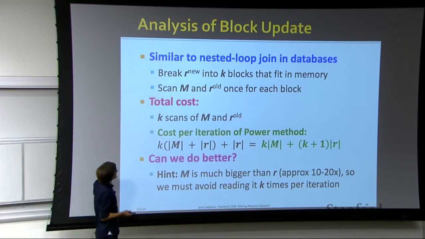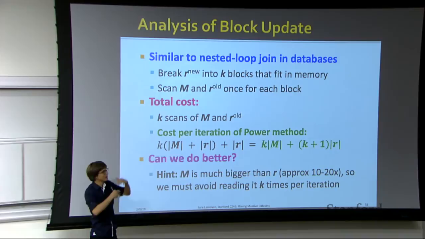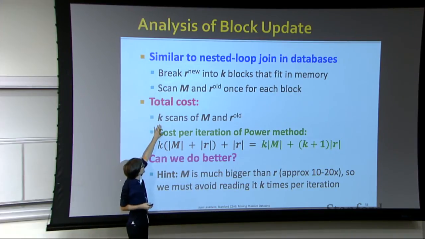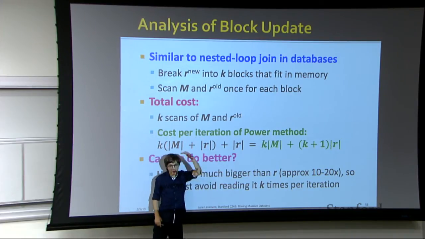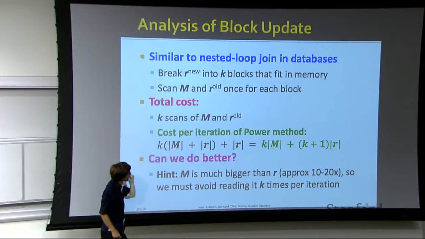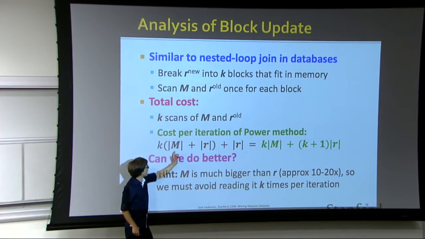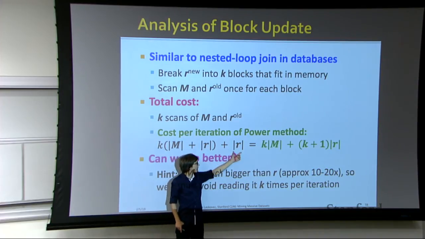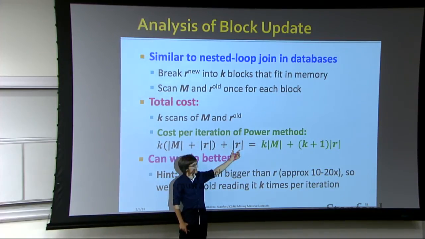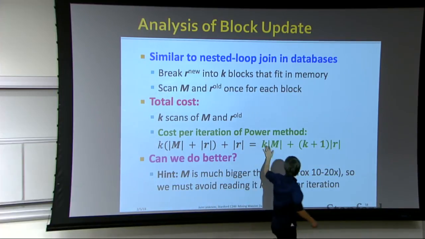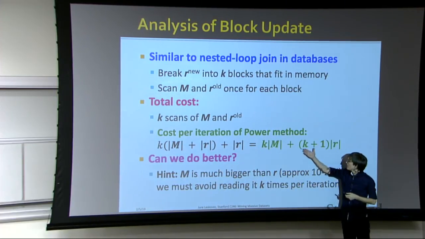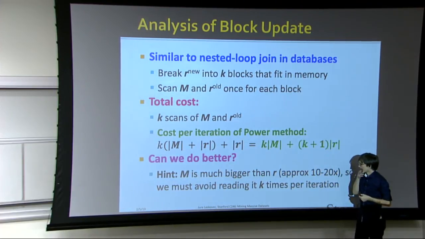If I take R new and break it into k blocks, then I need to scan over R and M k times, right? So my cost would be k times loading M and R and writing R back to the disk. So my total cost would be k times M plus k plus 1 times R, right?